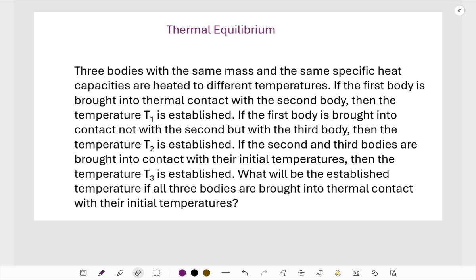We all know how the bodies interact with each other.